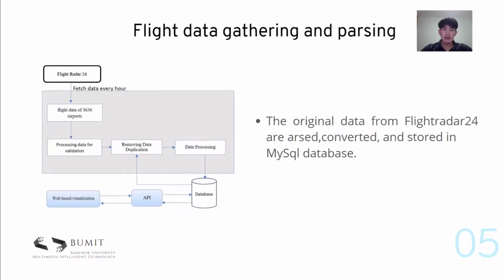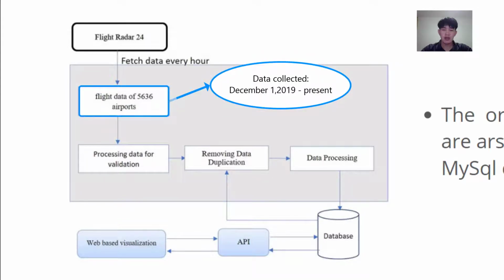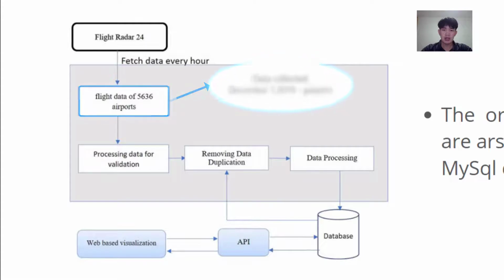In our system, Flight Radar 24 provided an API for receiving flight information from 5,636 airports worldwide from December 1st, 2019 until now.